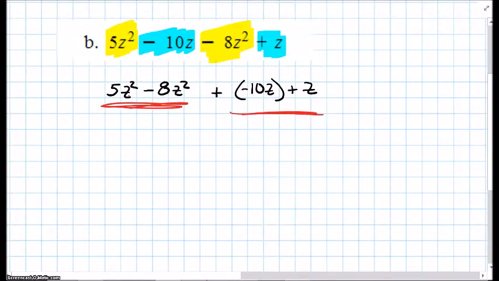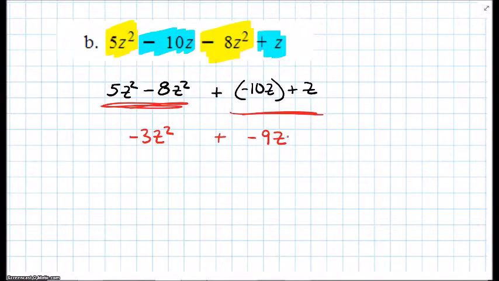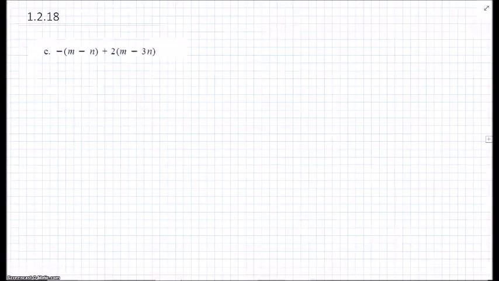So 5z squared minus 8z squared is negative 3z squared. Negative 10z plus z is the same thing as negative 9z. So there's our answer: negative 3z squared plus negative 9z. We have simplified our expression.